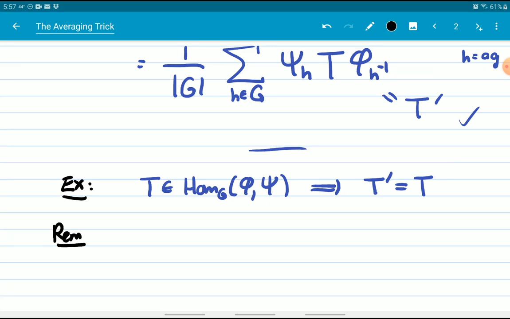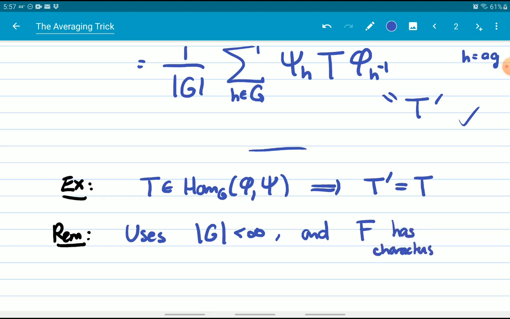Let me make a remark here. This uses the fact that the order of the group is finite, obviously, because I'm dividing by the order. And it's also using the fact that the field is the complex numbers. Really, it's using the fact that it has characteristic 0.